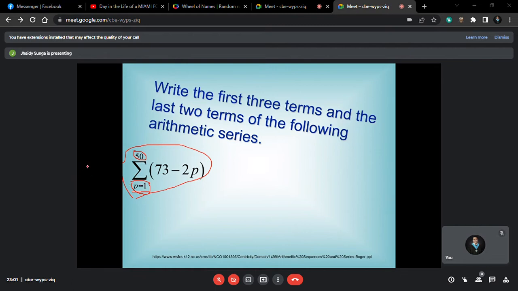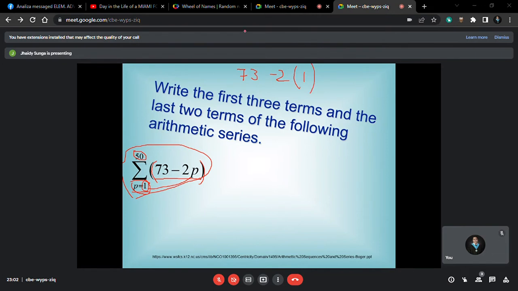It only states that whatever the value of p, all the letter p's inside this parenthesis will turn out as 1. Therefore, if we substitute the value of p to this term, it will be 73 minus 2, then we substitute p, which is 1.